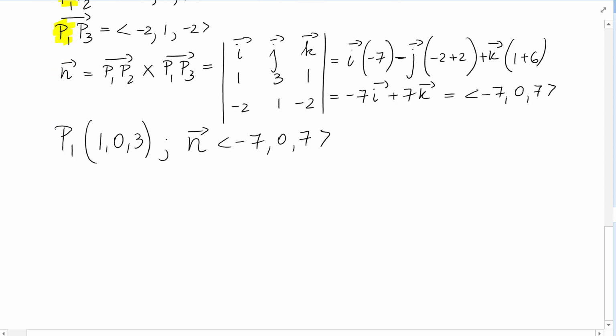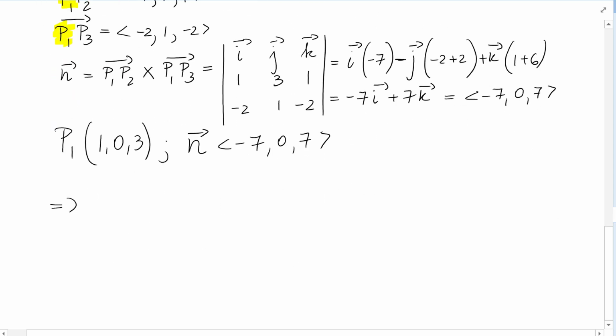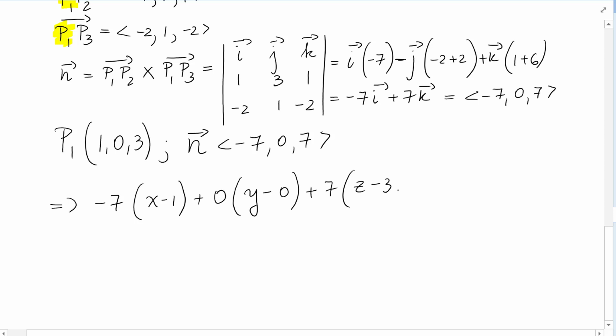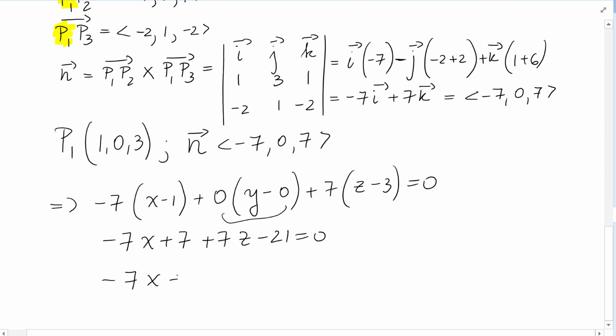So the equation of the plane is negative 7 times (x minus 1) plus 0 times (y minus 0) plus 7 times (z minus 3) equals 0, which gives us negative 7x plus 7, this quantity is 0, plus 7z minus 21 equals 0, which gives us negative 7x plus 7z equals 14.